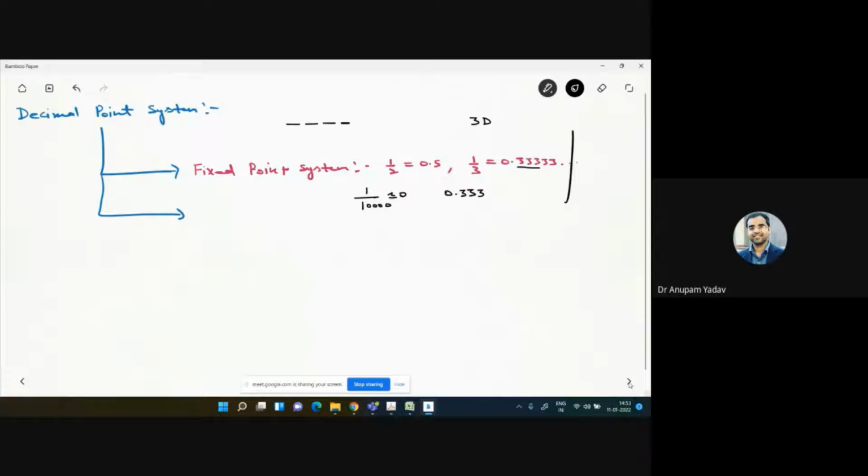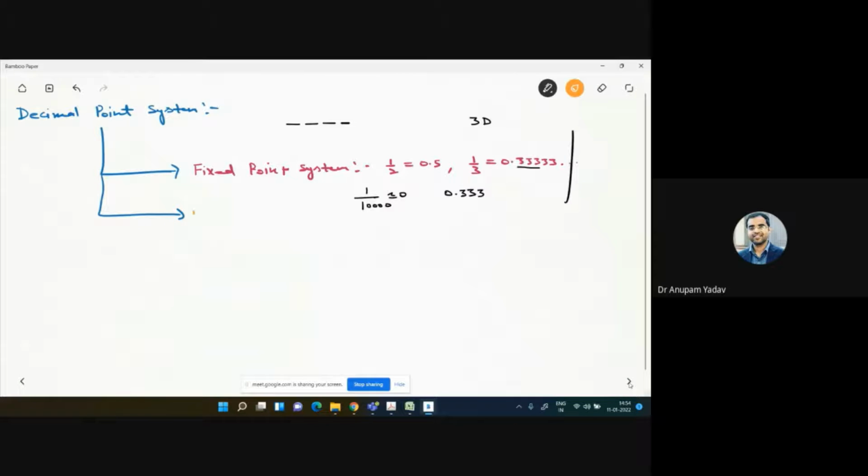It is not popular and not widely used because of the obvious reasons. If you are doing some precise computation, then it won't be feasible to use, especially in scientific computation. The other system which is being used in scientific computation is the floating point system.